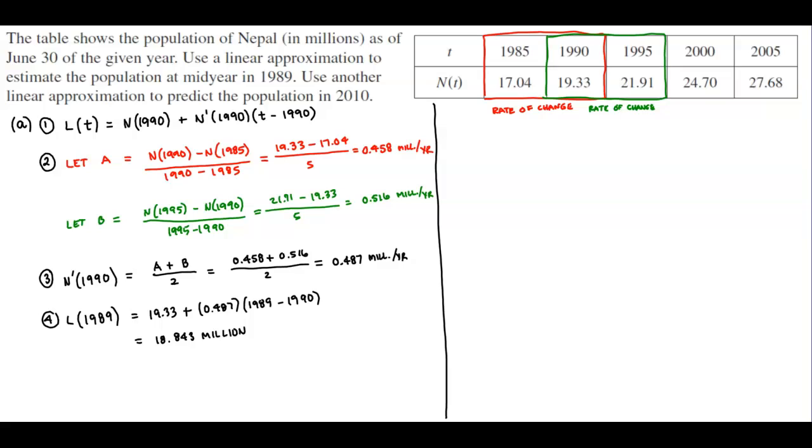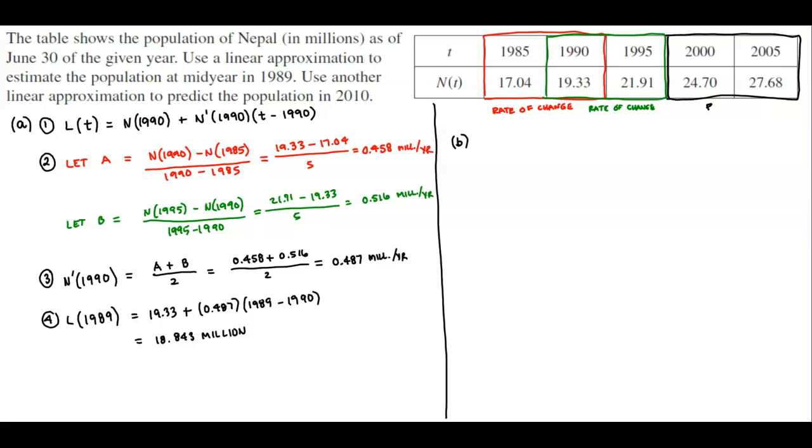Okay, now in part B, for the last part, it's asking us to use another linear approximation to predict the population in 2010. So in order for us to do that, if it's 2010, then we're going to have to use the year 2005, which is what's given for us.